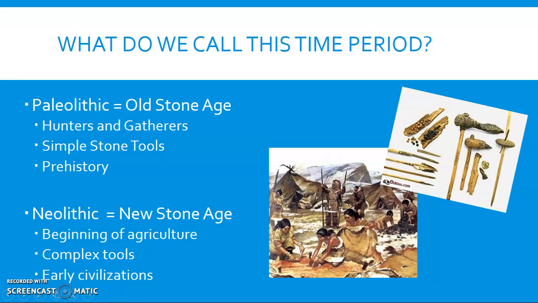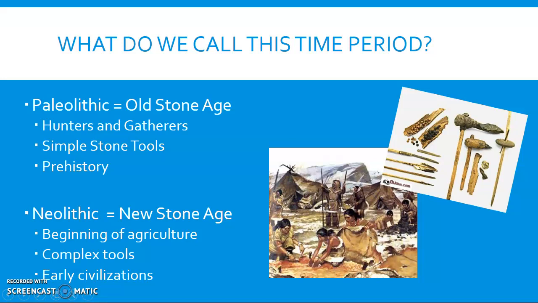Why would they call it Stone Age? They're mostly using stone tools. This is before people are using metal, before you're going to have iron tools or bronze tools. And then later, go down a little bit to the Neolithic or New Stone Age, Neo meaning new. A little bit later on, we're going to see maybe more advanced tools.